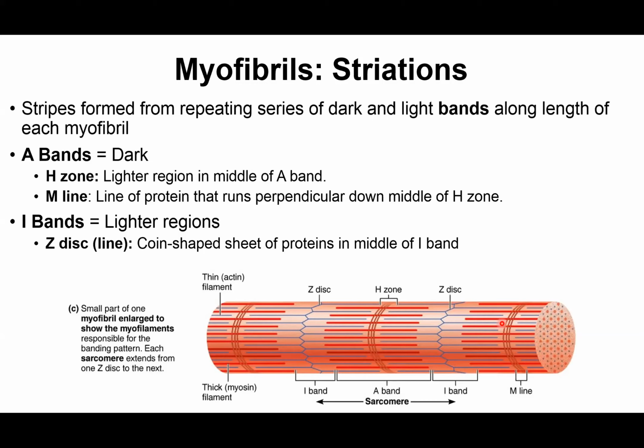One myofibril inside of a muscle fiber. Remember, there are hundreds and thousands, perhaps even, of these inside of one muscle fiber. So a myofibril is what you're looking at here. We have these alternating light bands and dark bands. The dark bands are the A bands. So you can sort of see this darker section.